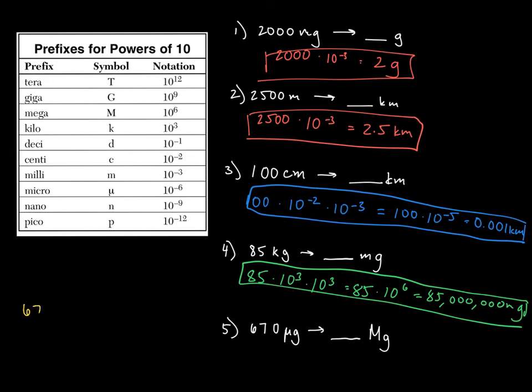So 670 times, going to micro is 10 to the negative 6, times to mega, we're going to not just 10 to the 6, it's 10 to the negative 6 again. Simplifies to 670 times 10 to the negative 12.